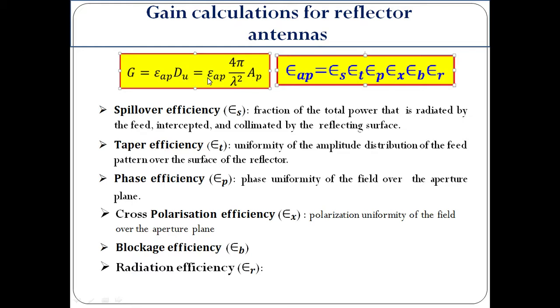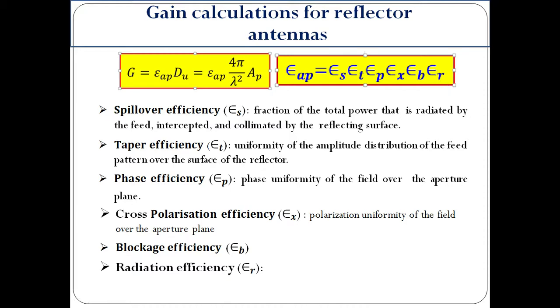If you multiply by a parameter like the aperture efficiency, because antenna losses also need to be considered when you calculate the gain, we get epsilon AP into 4 pi by lambda squared into AP, where epsilon AP is the product of many efficiencies. Epsilon S is the spillover efficiency, epsilon T is the taper efficiency, epsilon P is the phase efficiency, epsilon X is the cross-polarization efficiency, epsilon B is the blockage efficiency, and epsilon R is the radiation efficiency.